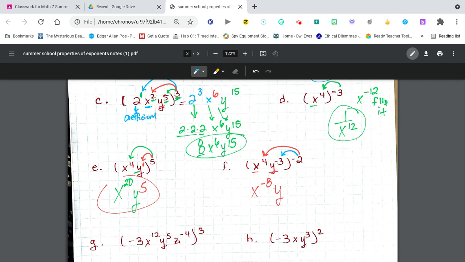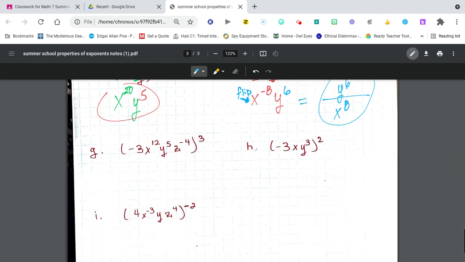Negative 2 times negative 3 is positive 6. This is the one I'm going to have to flip because it has a negative exponent. So I'm going to create a top and a bottom by drawing a bar. Keep that y to the 6 on top, and I'm going to flip x and make negative 8 positive 8. And I'm done.